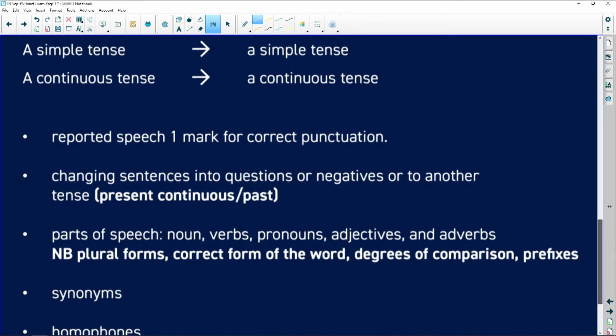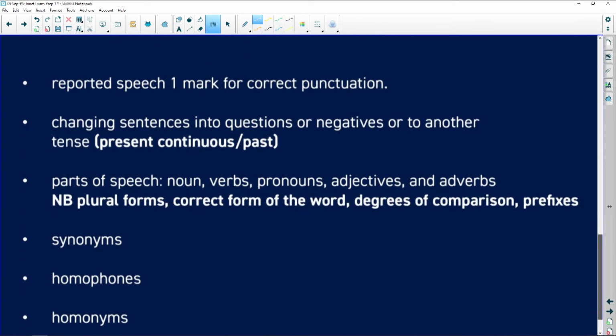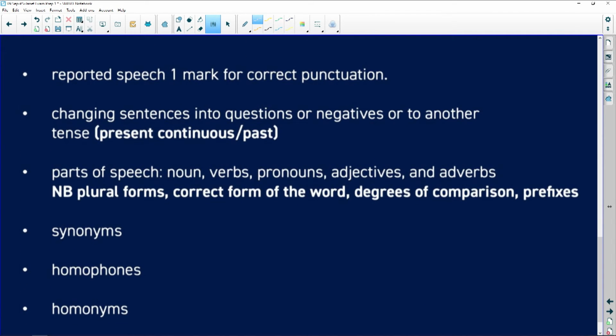Then other things that come up really, really regularly. Reported speech. You must do direct to reported speech. Very seldom they give you reported to direct, and there will be 1 mark for the correct punctuation in the reported speech.